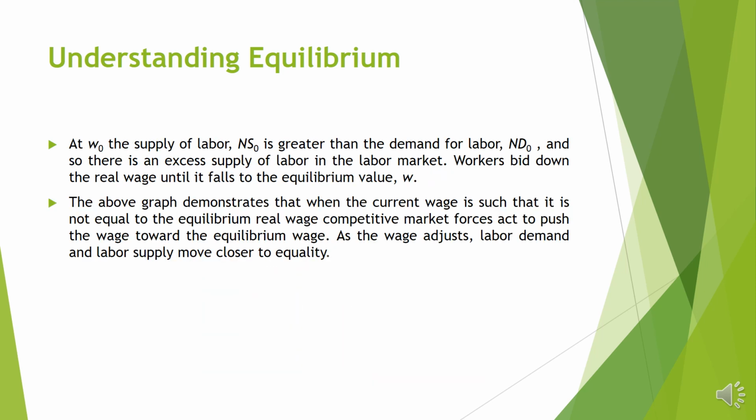At W naught, the supply of labor NS naught is greater than the demand for labor ND naught, and so there is an excess supply of labor in the labor market. Workers bid down the real wage until it falls to the equilibrium value W.